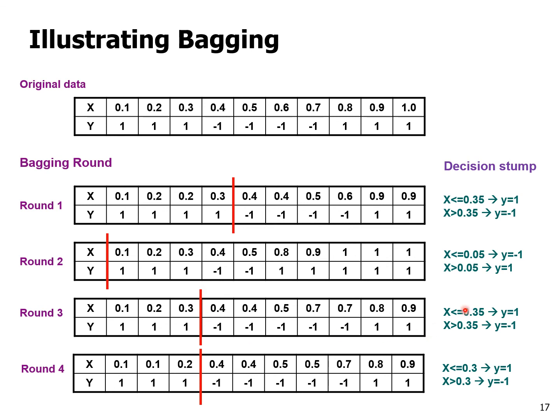It says if x is less than this, class value is 1, otherwise class value is -1, so these two are errors. Same thing for another sample: the best decision stump says x less than this, class is 1, and for here, class value is -1.